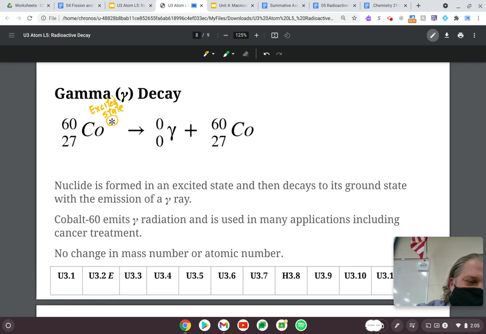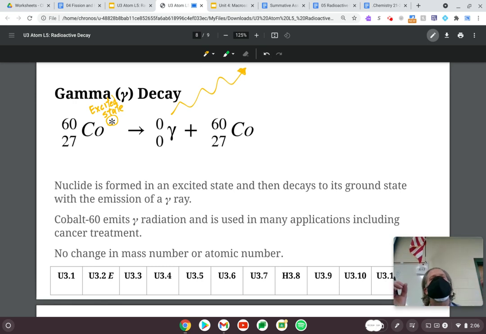Okay, so what ends up happening is that an atom in an excited state, and this asterisk here is indicating that it is an excited state, it's at high energy, undergoes gamma decay, which means it gives off some type of energy in the form of waves, which I think I should have drawn a little bit better. But it doesn't have a mass, and it doesn't have an atomic number, because energy doesn't have the particle, the neutrons and the protons, as we know it.